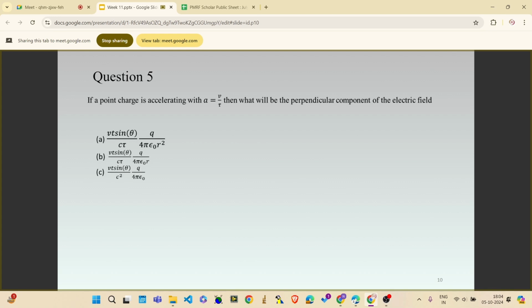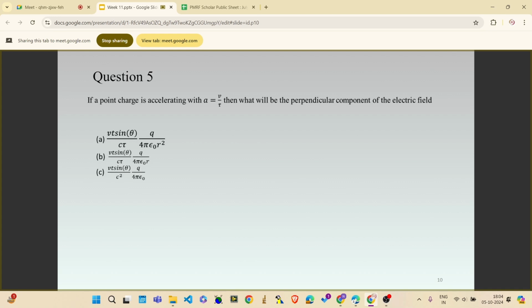This was the similar Bt. So it traveled this distance c tau, the Bt sine theta. It was this Er, and this was the E perpendicular.